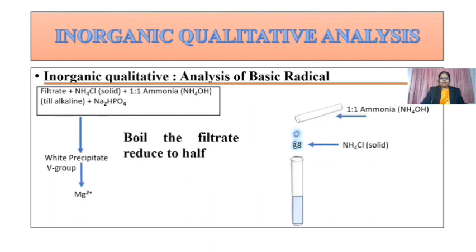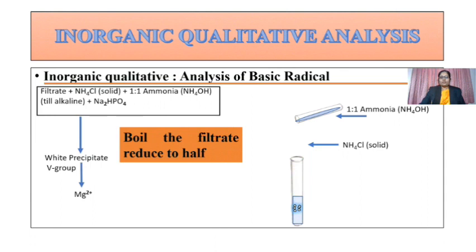For the detection of fifth group, the reagents are NH4Cl solid, 1:1 ammonia and Na2HPO4. One important step here is to reduce the quantity of this filtrate by boiling. Then add NH4Cl solid to it and then add 1:1 ammonia.